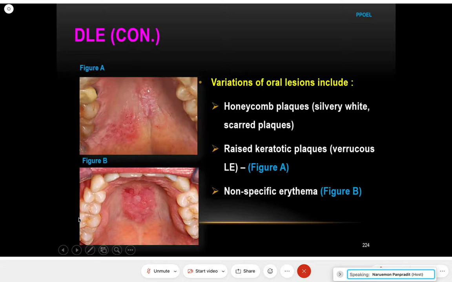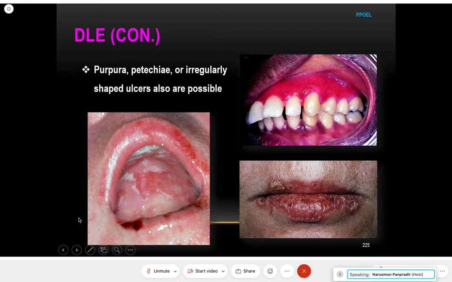If you notice the example of the area on the palate, this is a common site of lupus. Another type may show purpura, petechiae, or an irregularly shaped ulcer, which is also possible as a characteristic of oral lupus lesions.